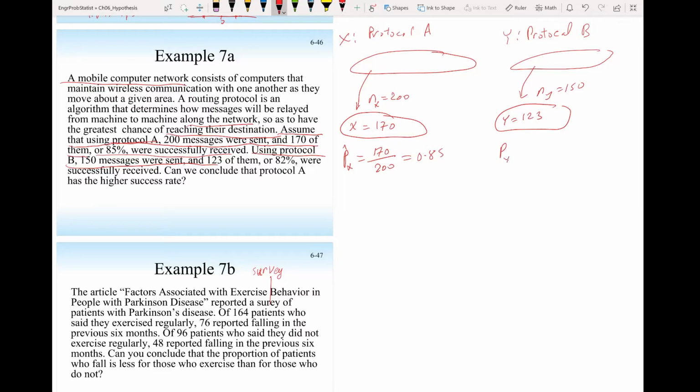The estimated Y proportion will be 123 divided by 150, and it should give us 0.82. Before we decide what the null hypothesis is, let's calculate the pooled proportion, which is X plus Y, so that's 170 plus 123, divided by Nx plus Ny, so that is 200 plus 150. And that pooled proportion is 0.837.